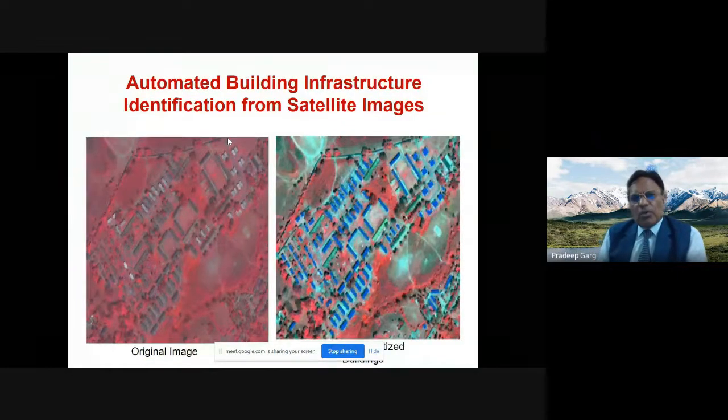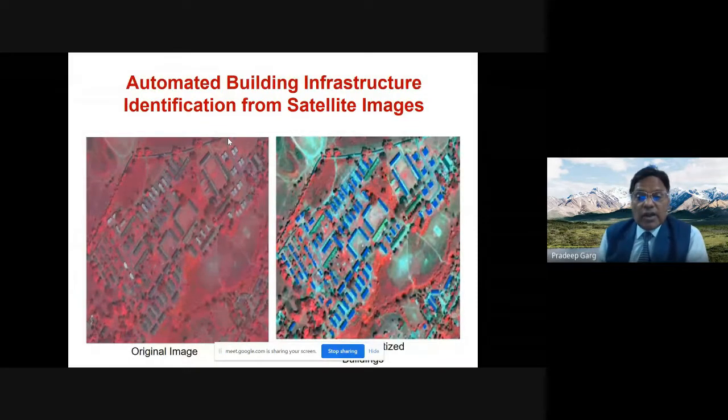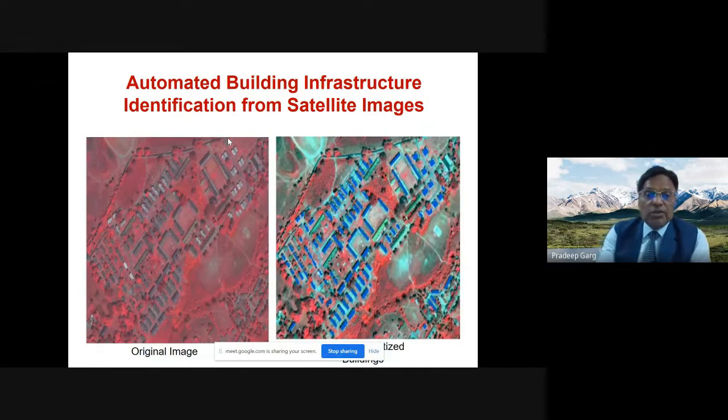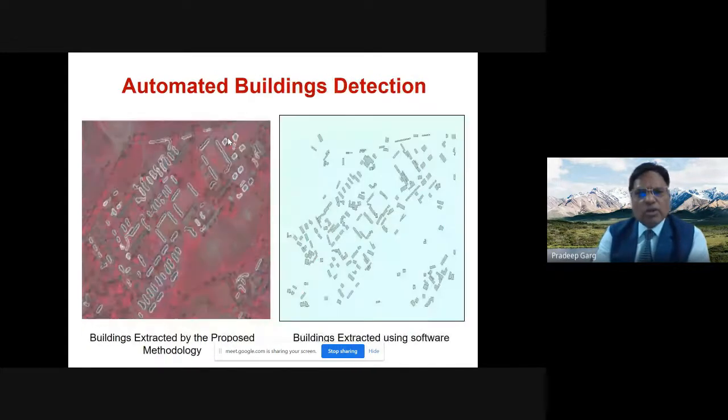Then building identification. You can identify the buildings and infrastructure from the satellite images automatically. Visually you are seeing the building, but automatically you can develop an algorithm. Here you need the help of computer engineers to develop such a logic algorithm in the image processing software so that it picks only the buildings.